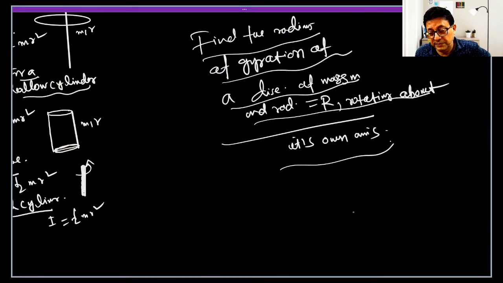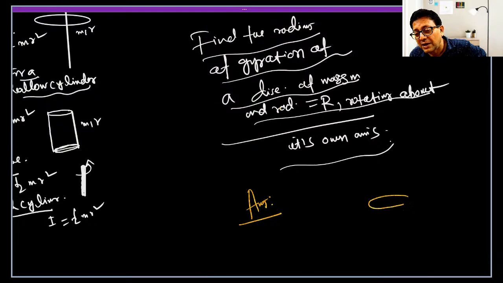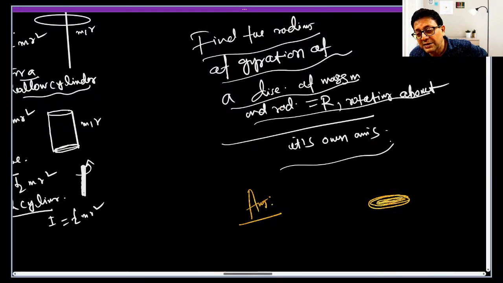How to find it? I remind you the method. This is the disc. This disc is a solid uniform disc.